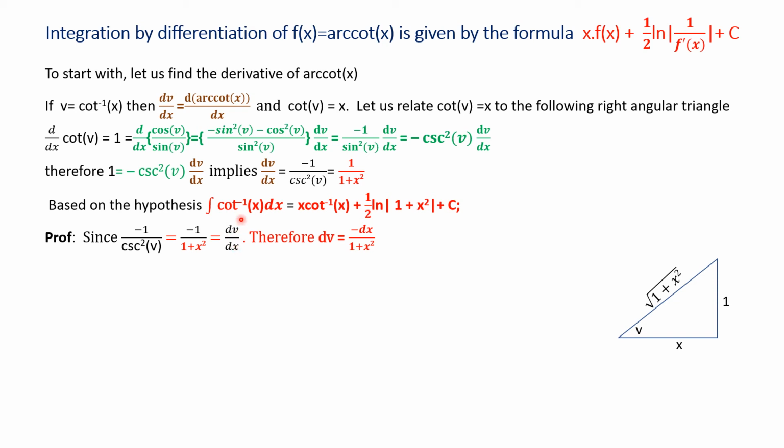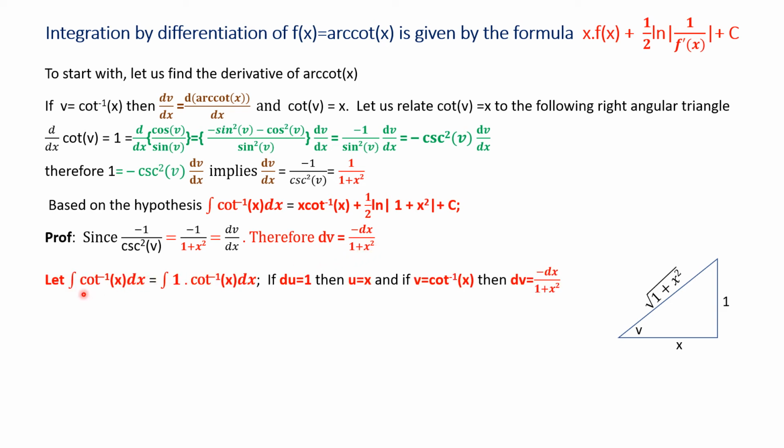If we look into this line, we can see the three components over here that are equal. It's just that we have them in a different order. So we started with negative 1 divided by cosec square of v equal to negative 1 divided by 1 plus x squared equals dv divided by dx. If we solve for dv from this equation, then we will get dv equal to negative dx divided by 1 plus x squared.